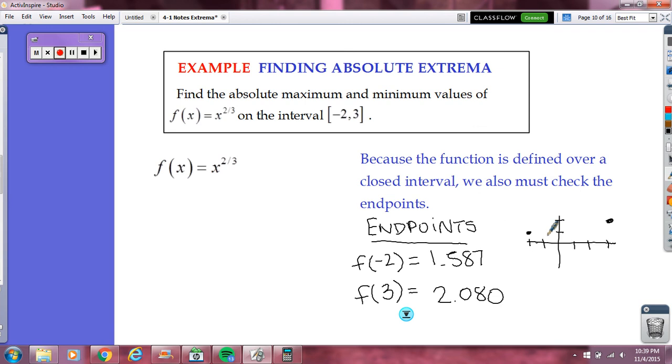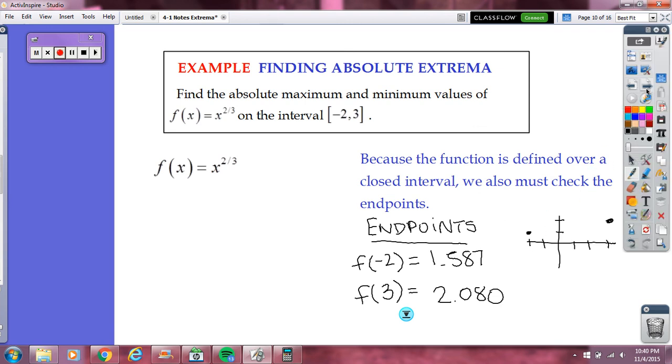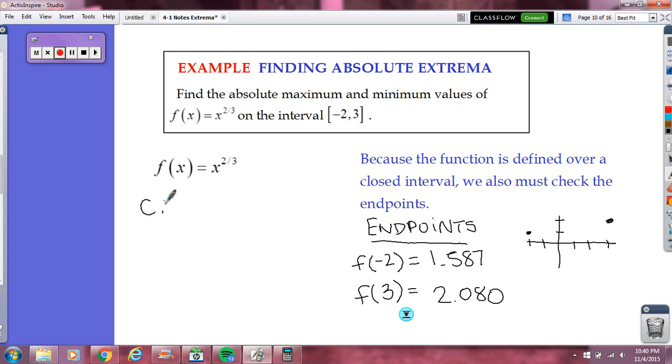We won't be sure, though, until we also consider our critical values. So I'll abbreviate those as CVs. Critical values are where our derivative is equal to 0 or where our derivative is undefined. Let's take a derivative. So f prime of x, oh, I'm so lucky, it's just a power rule.